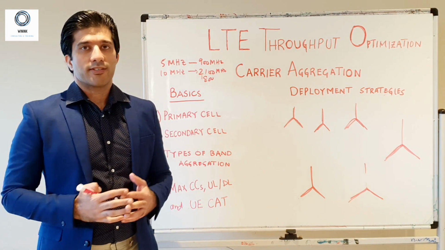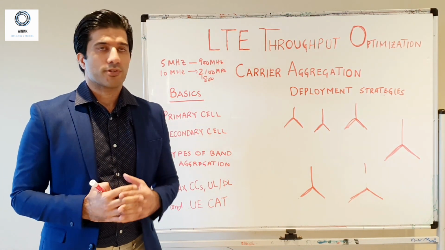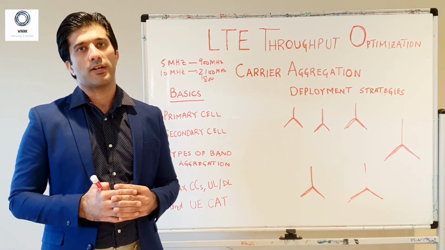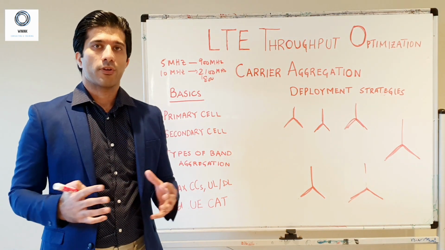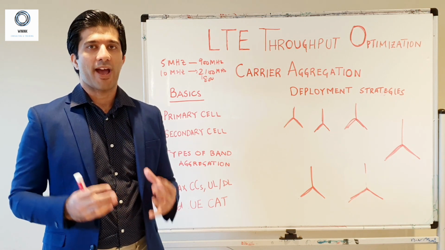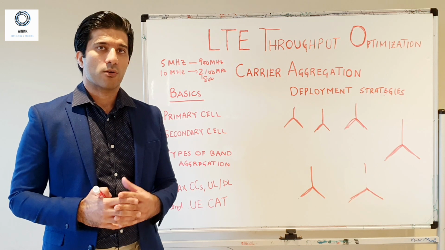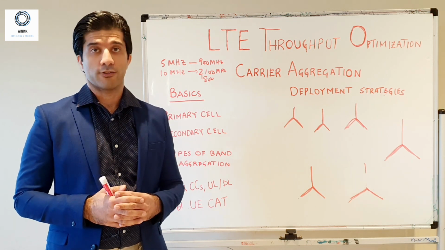So what you can do is combine the resources from these two carriers and provide extra throughput to your mobile station. Your mobile will be receiving bandwidth from two carriers instead of just the one carrier which the primary cell belongs to.